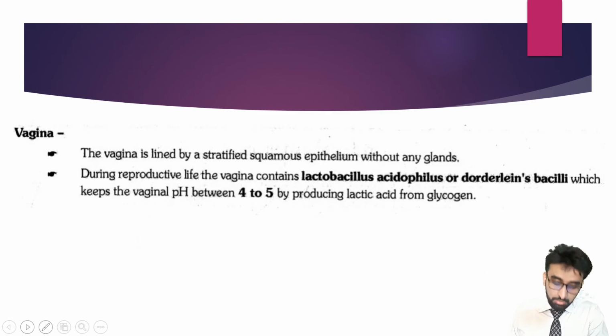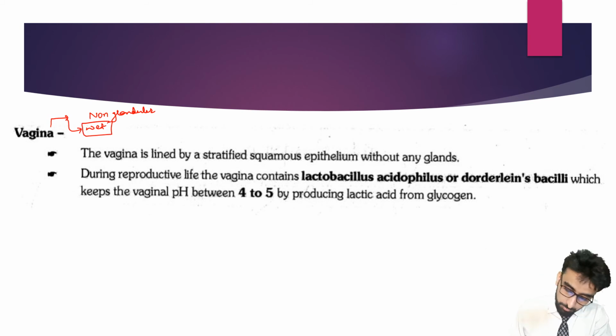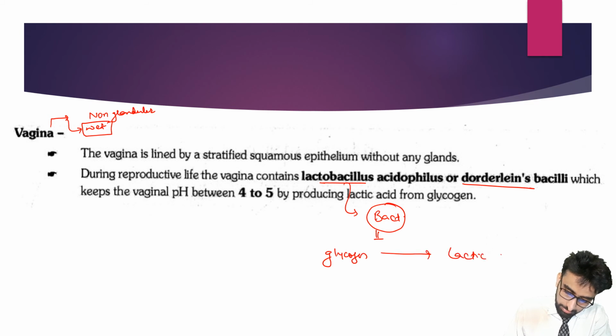Then we have the story of the vagina. We have already done that it's a non-glandular structure, still it is wet. Why is it wet? Because of the lactobacilli, this bacteria, also known as Doderlein bacilli. They convert glycogen into lactic acid, and this lactic acid is the cause of the wet nature of the vagina.